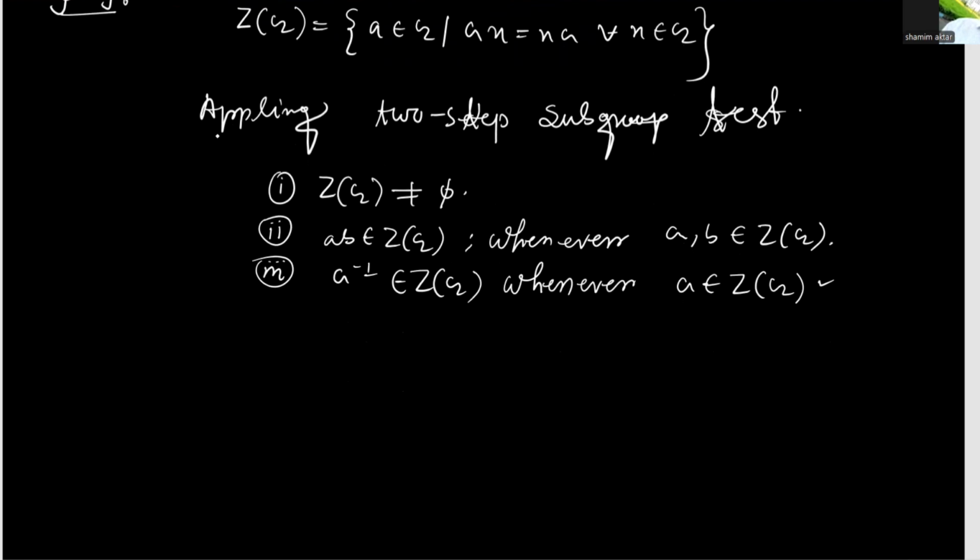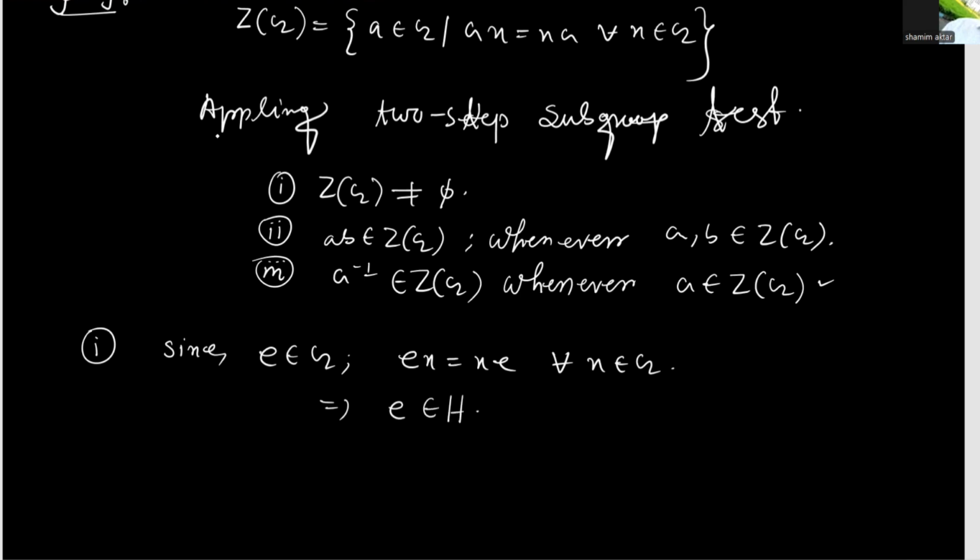Okay, now the first condition. Since the identity element e of G, we know that ex = xe for all x belonging to G. So this implies the identity element belongs to, sorry, here Z(G).